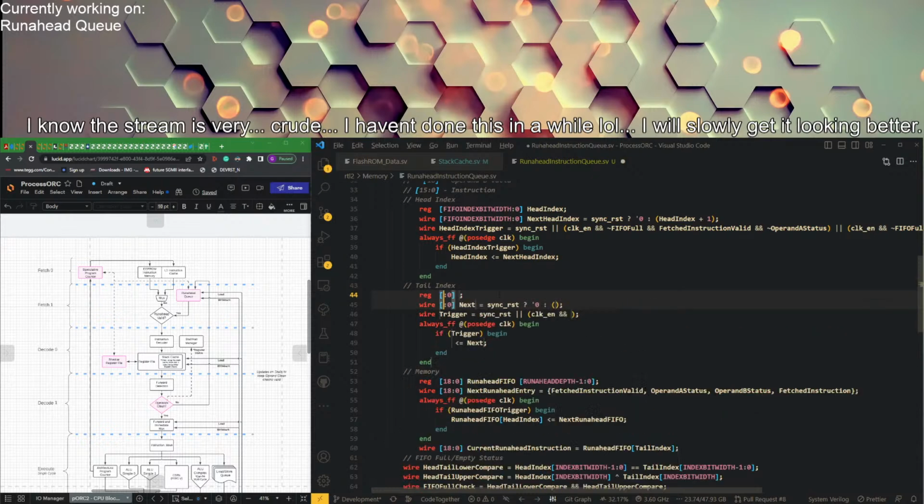Okay, reg, multi-bit, FIFO, index, bit width.